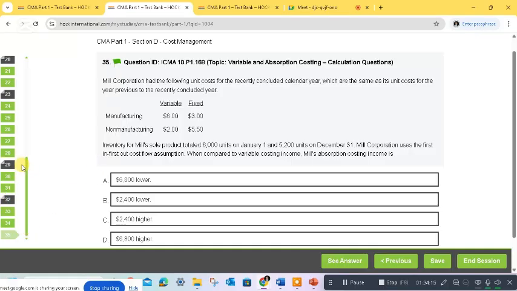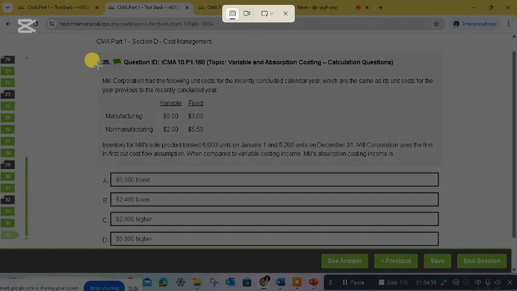Mill Corporation had the following unit costs for the recently concluded calendar year, which are the same as its unit costs for the year previous to it. See, there is the same cost in the previous year also. Manufacturing, non-manufacturing. Inventory of the product sold totaled 6,000 units on January 1st and 5,200 units on December 31st.